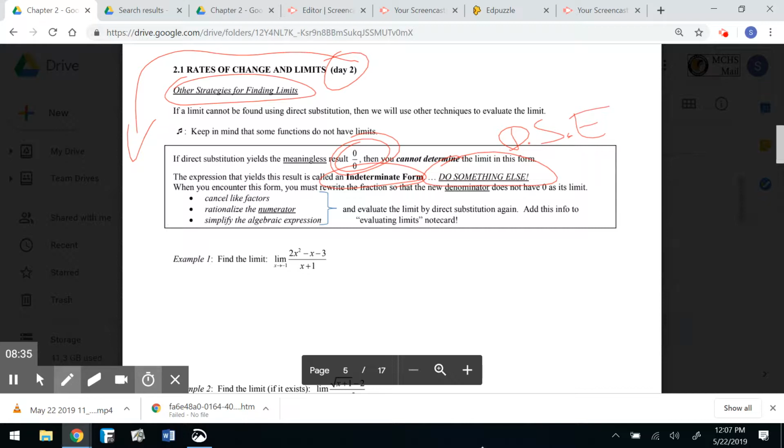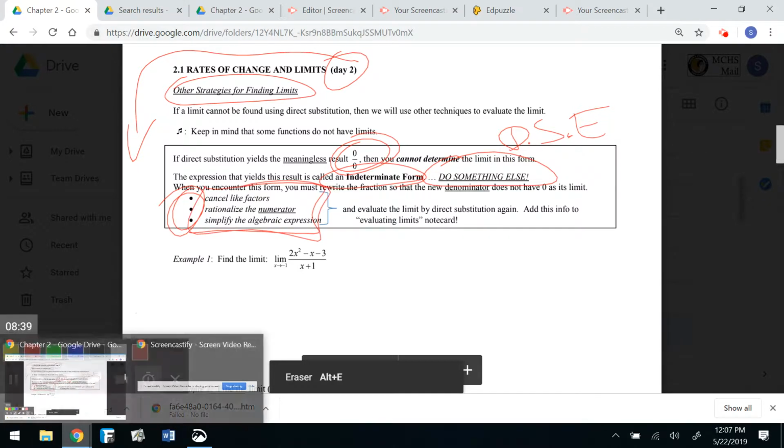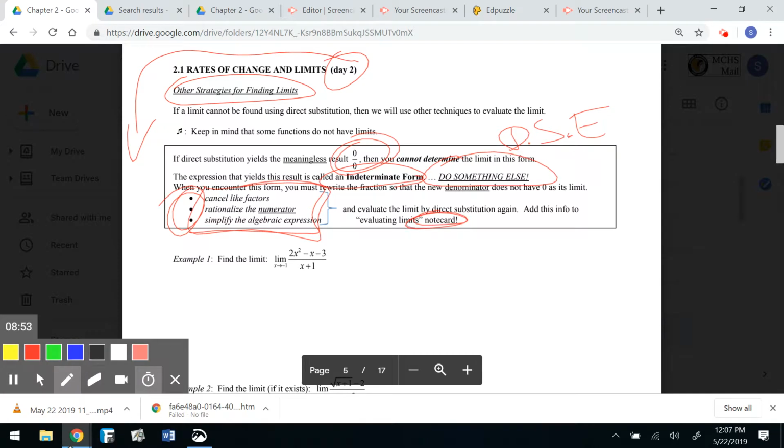I've got 3 techniques laid out here of things we do algebraically to still help us find a limit. Now remember, one thing you could always do is graph. But if you have to graph without a calculator, that can be pretty tough.